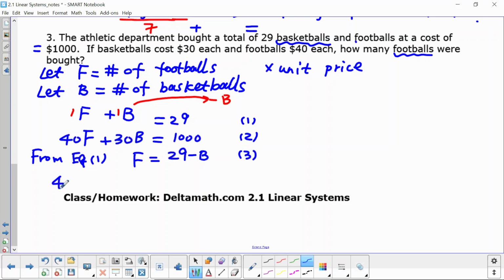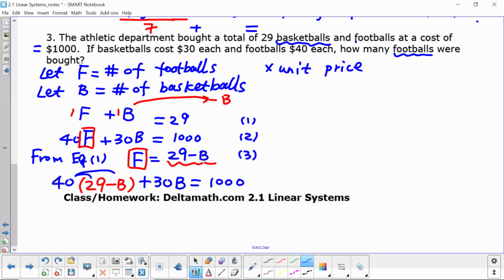You will have 40 replace f. So box f. The f is gone. Use the right side to substitute for f. It will be 29 minus b. Then copy all the other parts here. In order to solve this equation, expand.